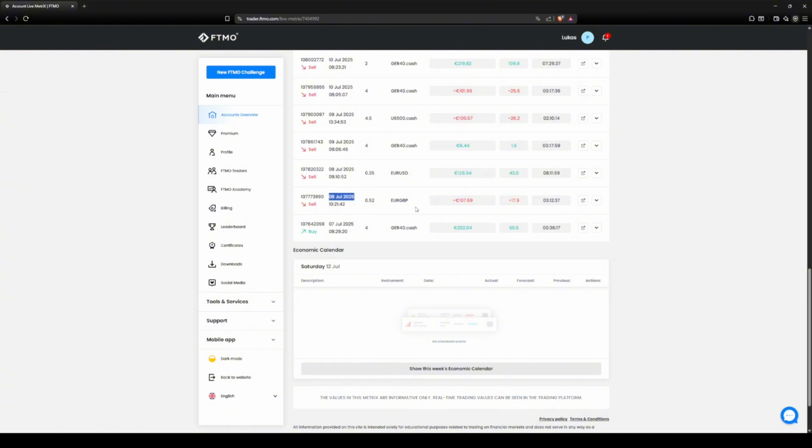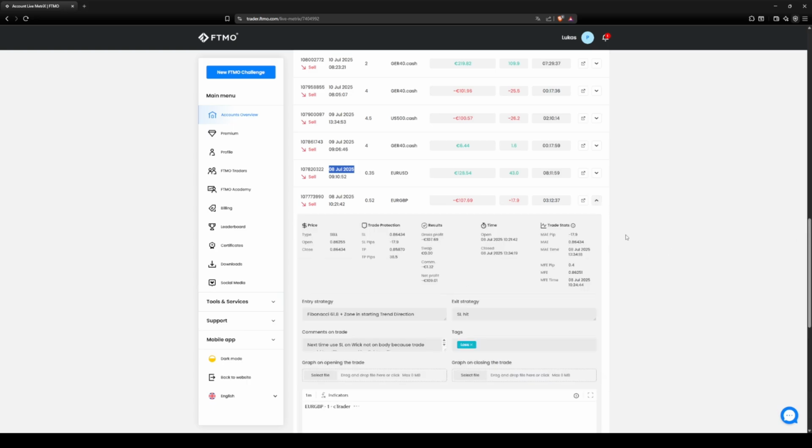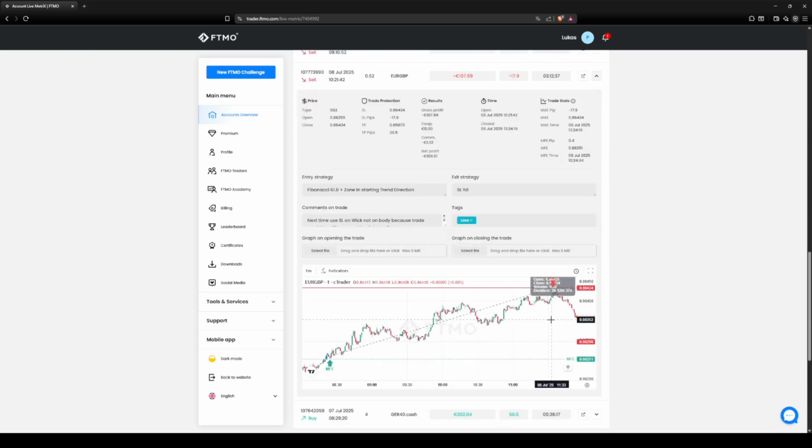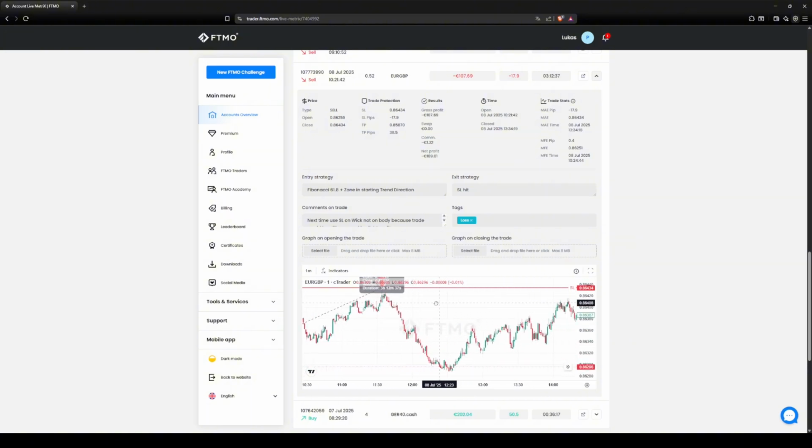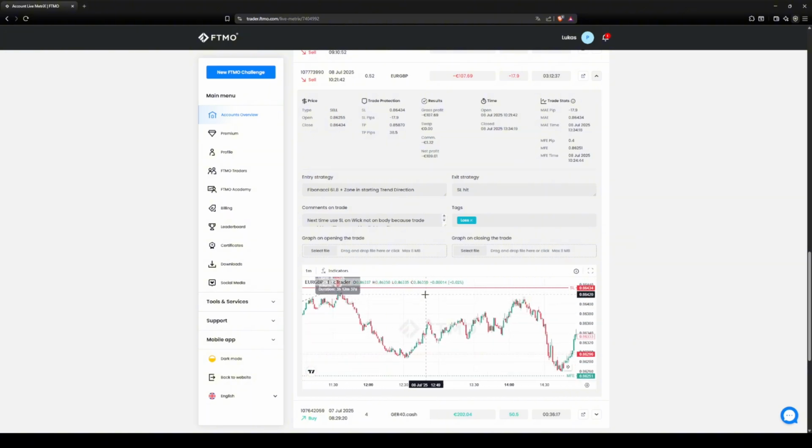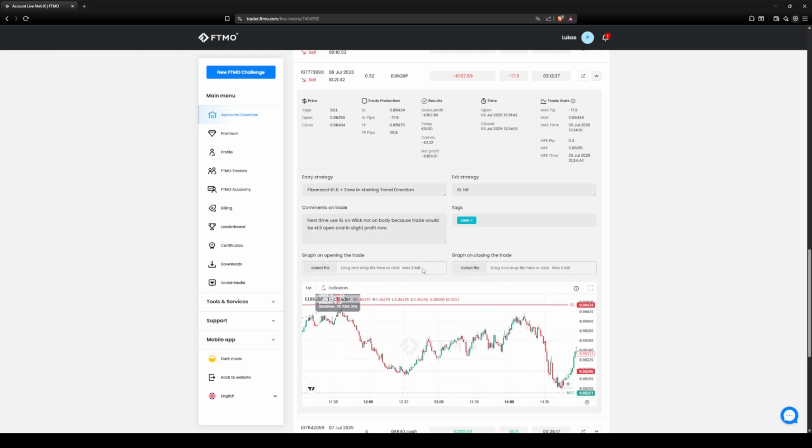One was the Euro GBP short, and one was the Euro USD short. Here I was a bit too shy to take a bigger stop loss. I set it a little bit too tight because I didn't put a stop loss on the wick of the high.